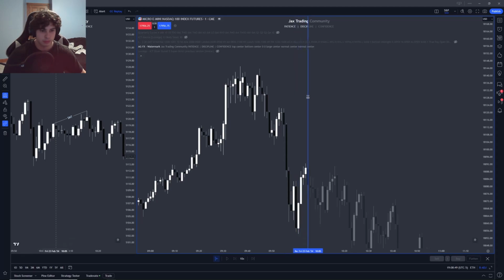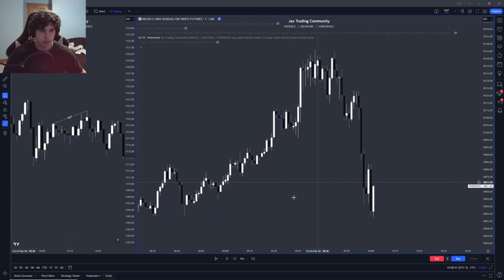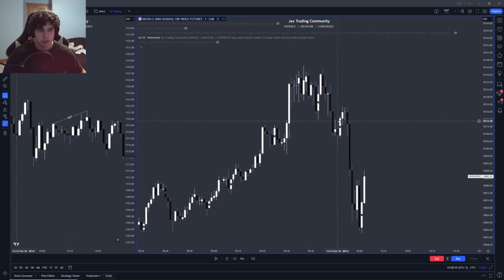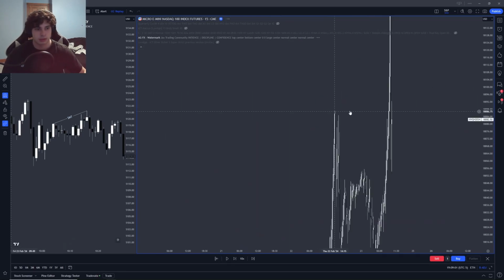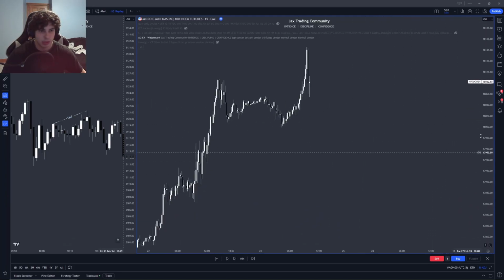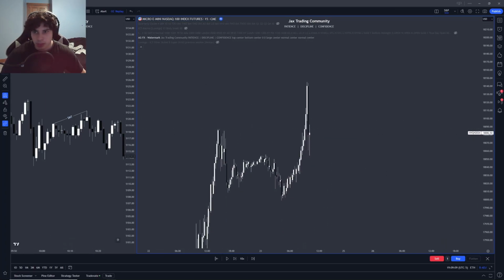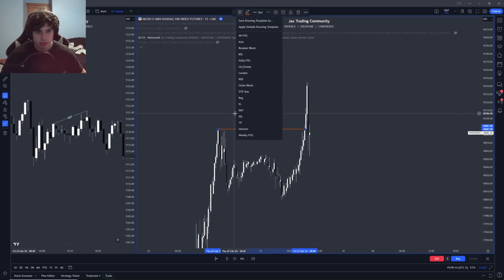So I'm going to go to right here. Okay. Looking at this higher time frame, what we have done is we had swept this external sell side liquidity.